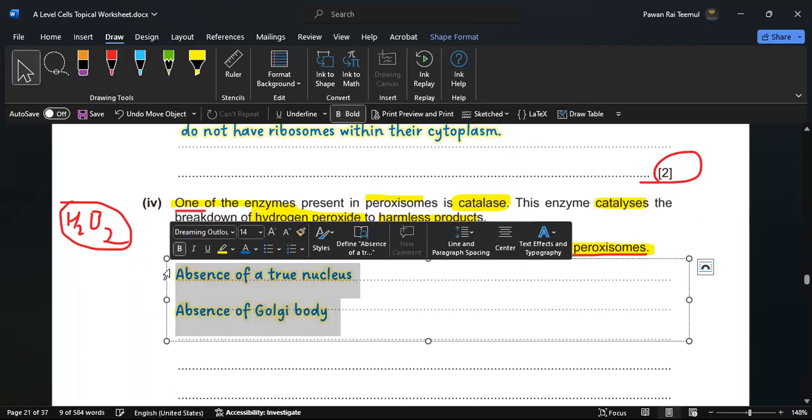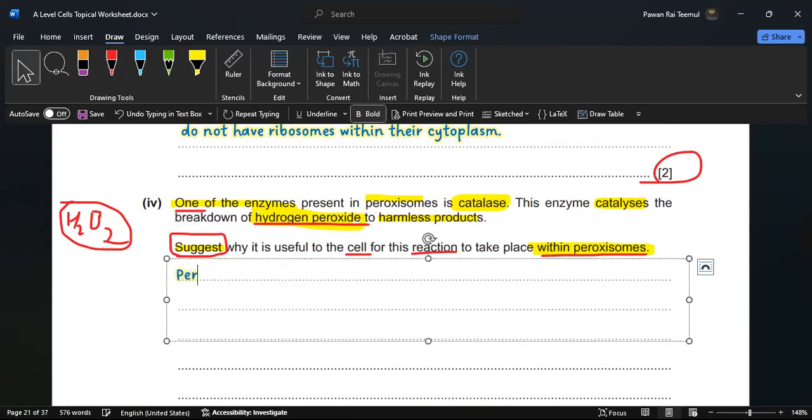So peroxisomes have the optimum pH to sustain the enzyme reaction of catalase.